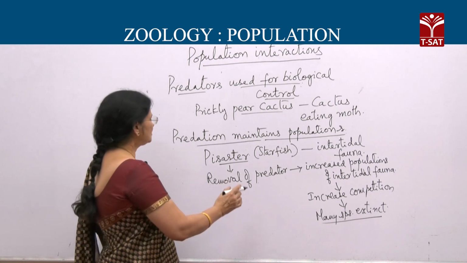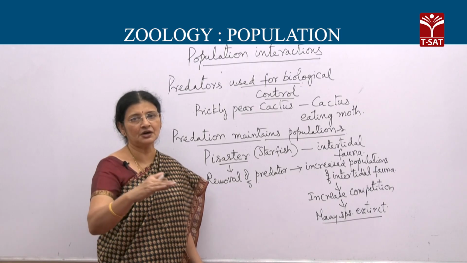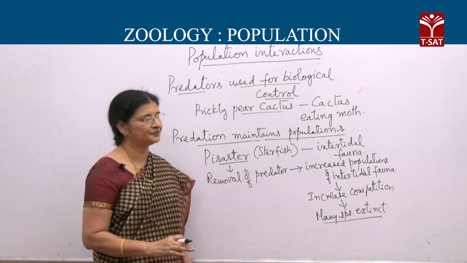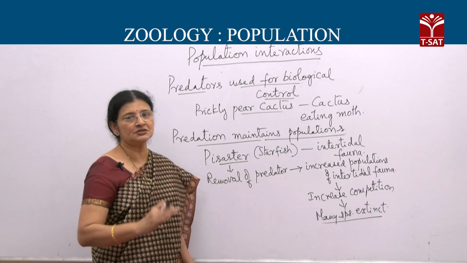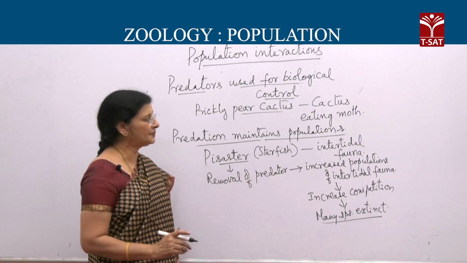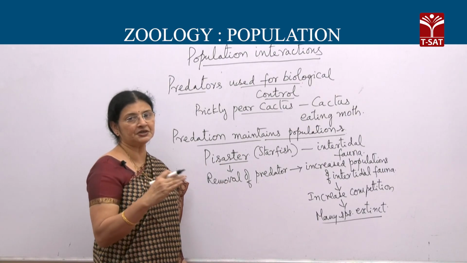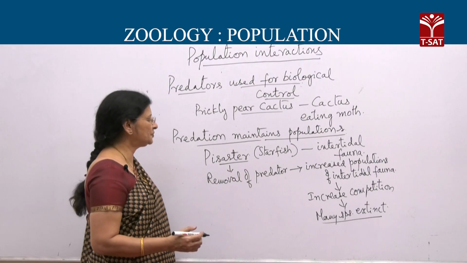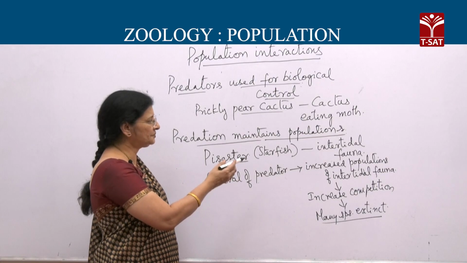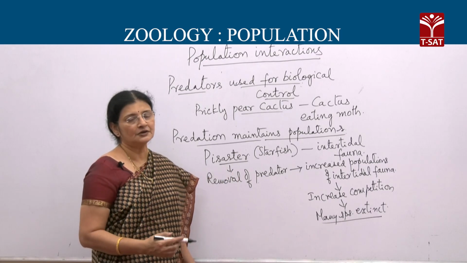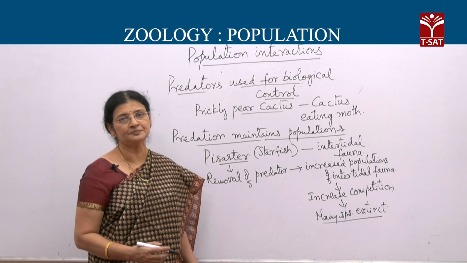So, as long as the predator was there, feeding on different types of fauna, the competition and the populations were maintained. But in the absence of the predator, their populations initially increased, but it resulted in interspecific competition, which is competition between different species. So interspecific competition increased and many species became extinct.